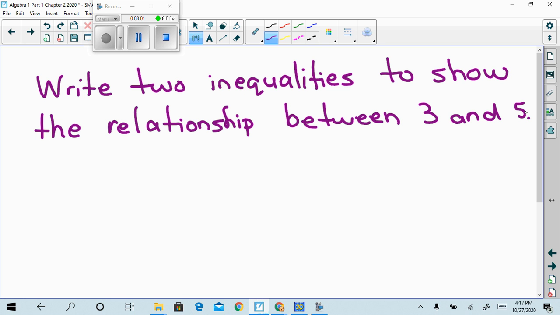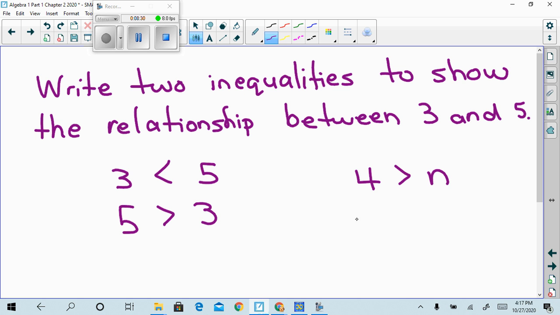My first inequality might be 3 is less than 5. If I wanted to write a second inequality about this relationship, I would say 5 is greater than 3. So that's showing you that you can restate an inequality by reversing the direction of the inequality and switching the numbers. So again, if you're solving an inequality and you get 4 is greater than n, you rewrite it as n is less than 4.